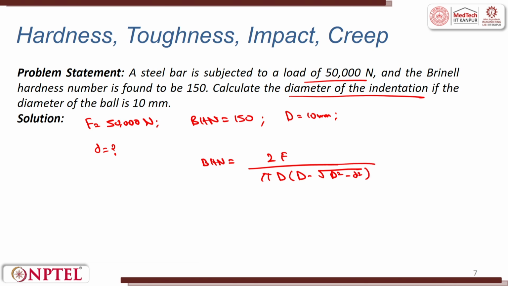We need to calculate the value of small d. Just calculate this value, you will also get the answer in the slides. Because this is a square, you have to take the square root. BHN is given, F is given, capital D is given. Calculate the value of small d. This is again a home assignment.